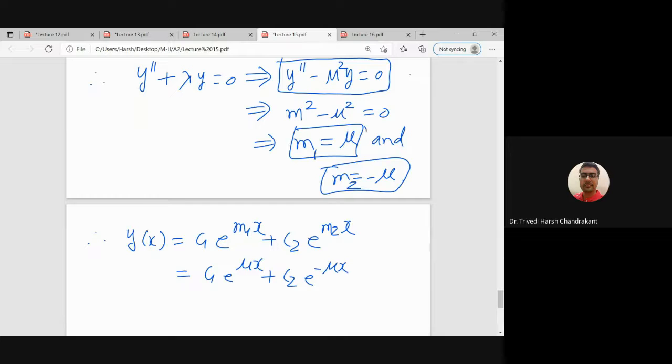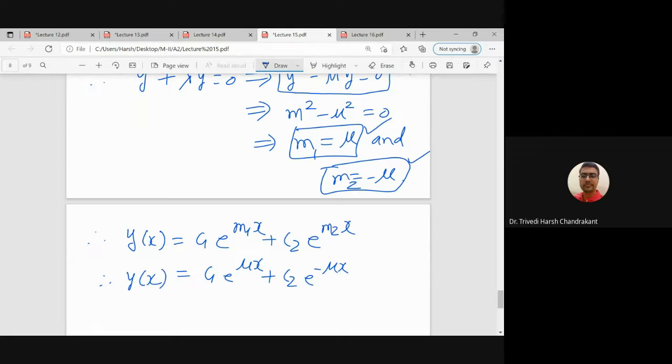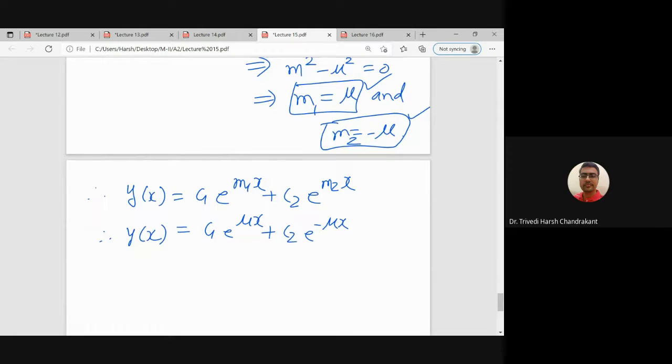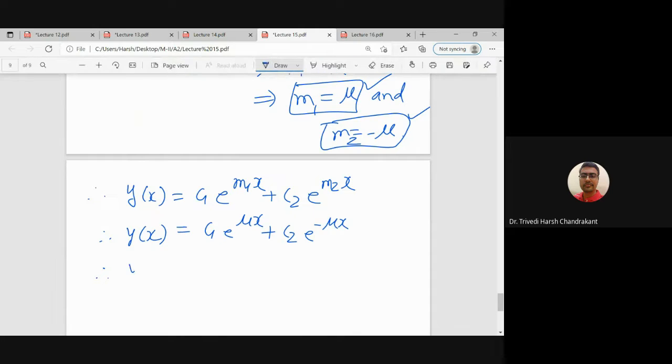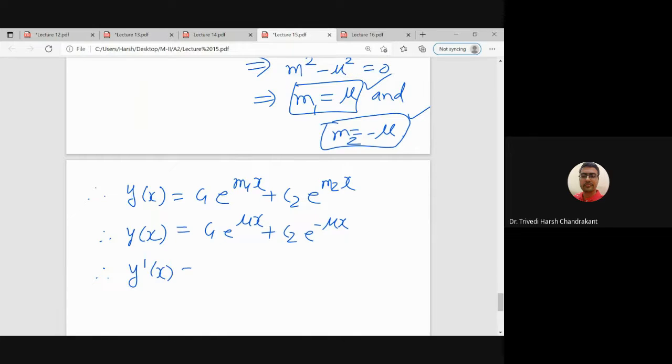Just by substituting these values, we get this general solution. Now from this general solution, we need to find the solution which satisfies the boundary conditions, and the boundary condition is in terms of the derivative. So let us find the derivative of this function.